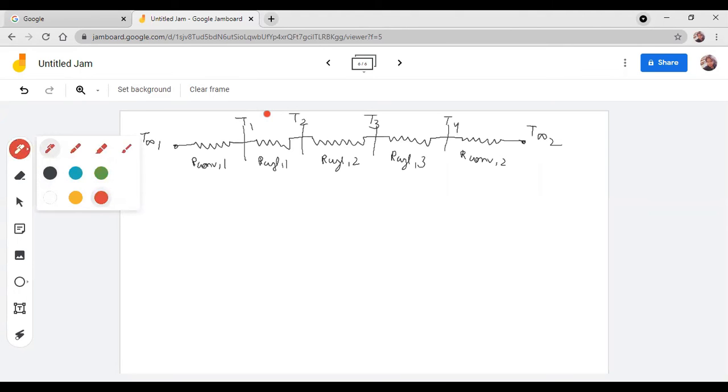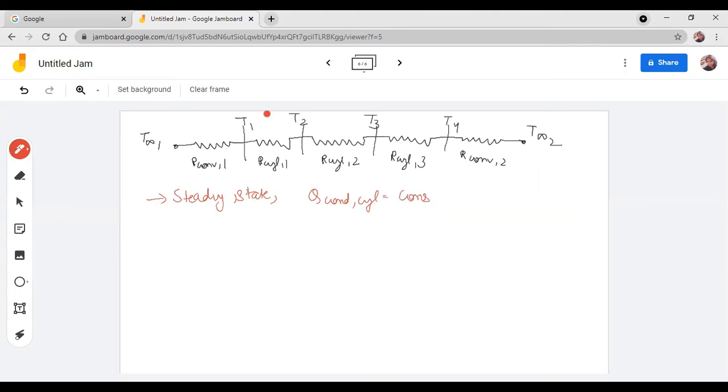So we have seen this is steady state, right? This is a steady state transfer. Hence we can say that Q conduction through cylinder is constant, and the expression we derived for the convection on both of the surfaces was T infinity 1 minus T infinity 2 upon R total.